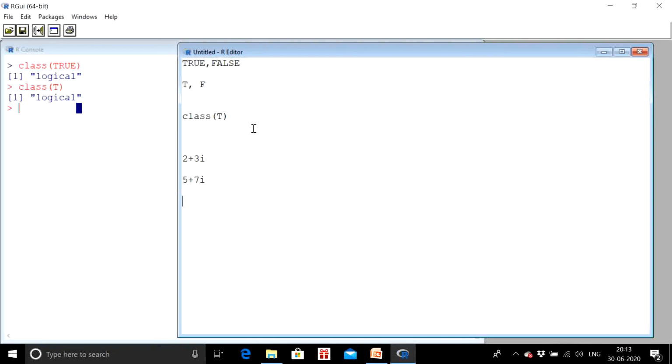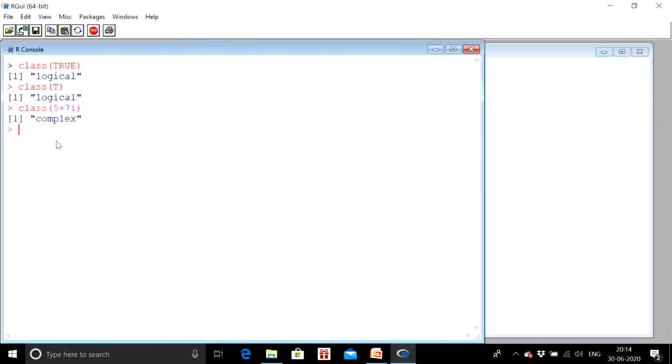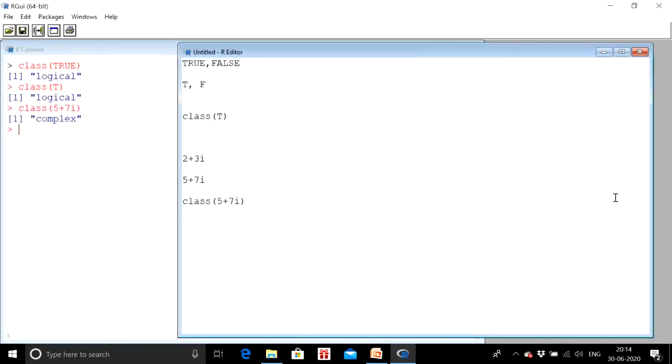So when I try to use the command class on 5 plus 7i, see what happens. It is being termed as complex. So it is a complex data type. The i in R is recognized as a complex number, the root over minus 1. So be careful, you shouldn't use i as variables or anything.